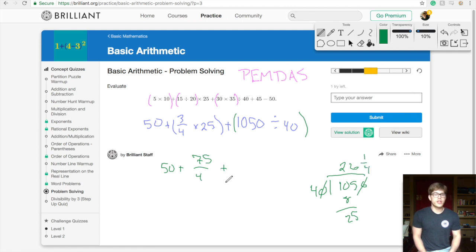So we'll look at this. This is a fourth, this is a fourth, so we actually didn't even need to divide this. Let's just leave it as 105/4. Okay. And then we have our plus 45 minus 50.